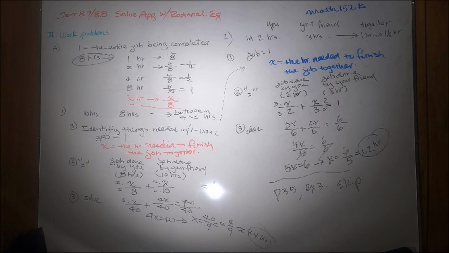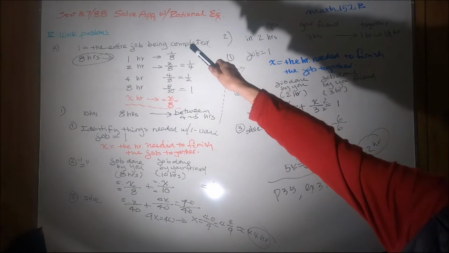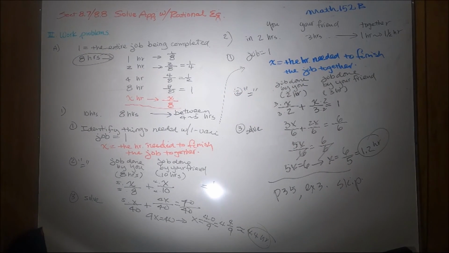Okay, so that would be our sections 8.7 and 8.8. That would be our chapter 8. Okay, then next time we do review 2, then get you ready for your exam 2.